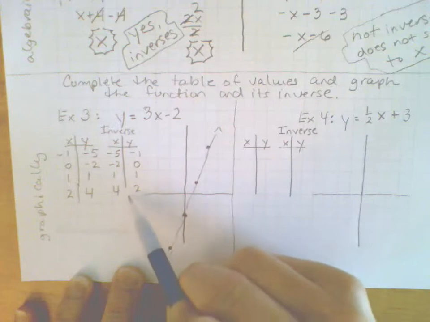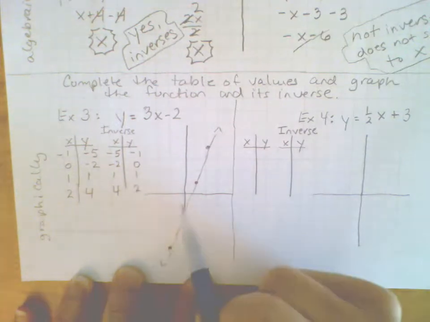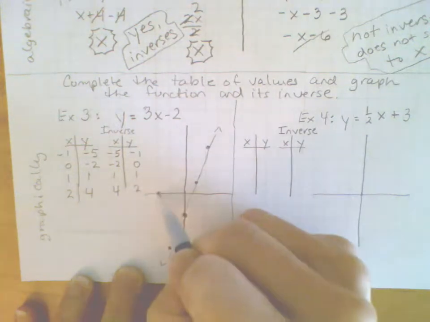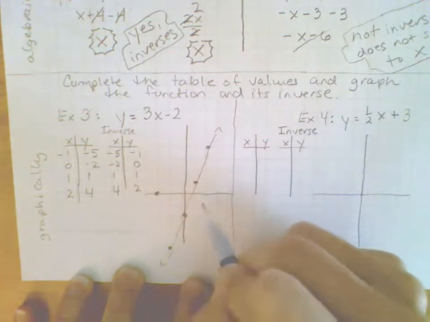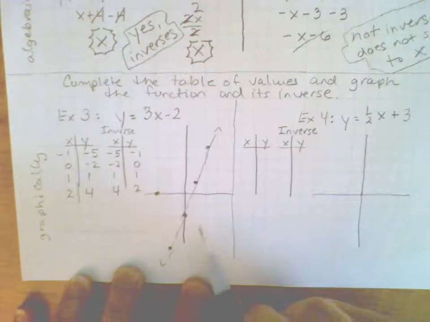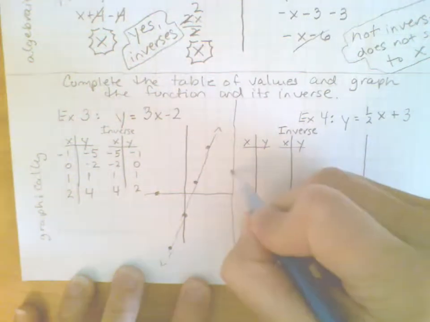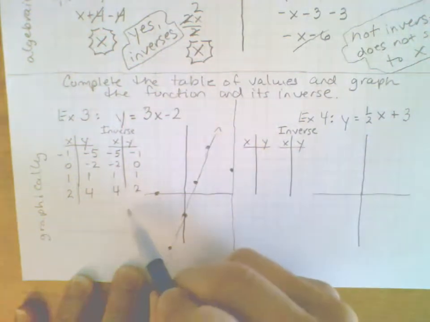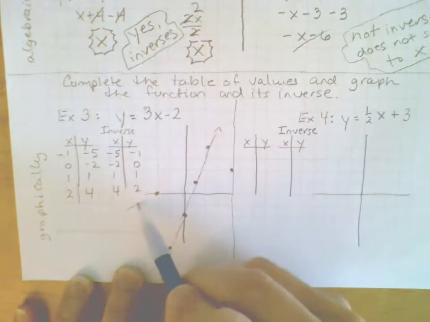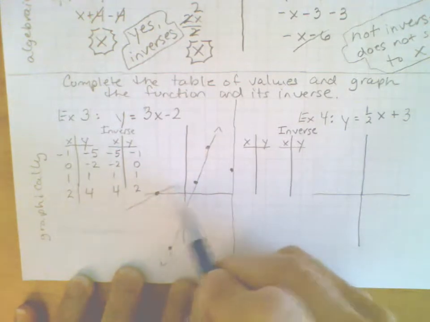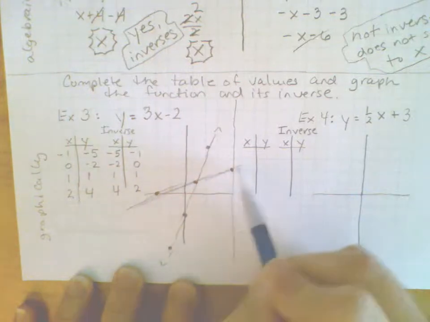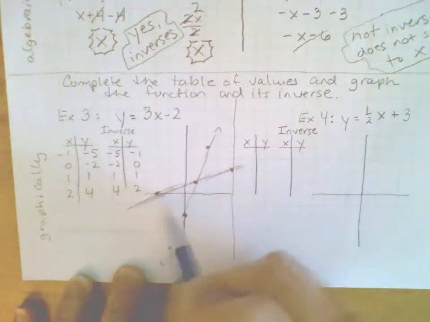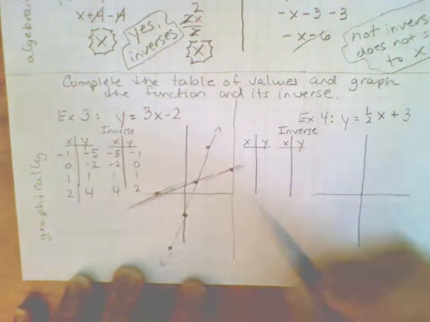Negative 5, negative 1 is going to be kind of in my mess over here, so I'm going to start with negative 2, 0, 1, 1, and 4, 2. Oops, I'm off track a little bit. There we go. Yeah, straight edges are helpful when your points are spread out.